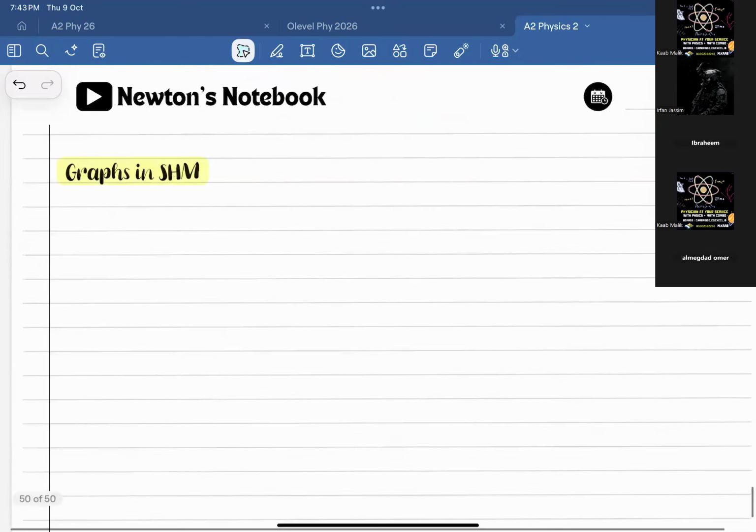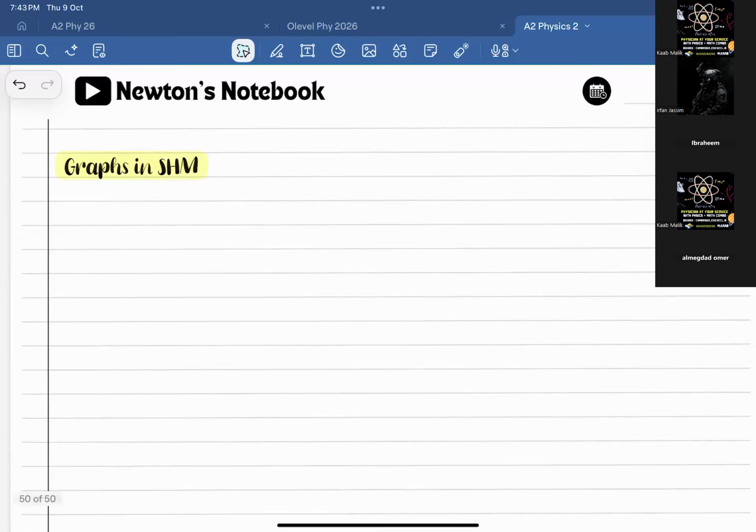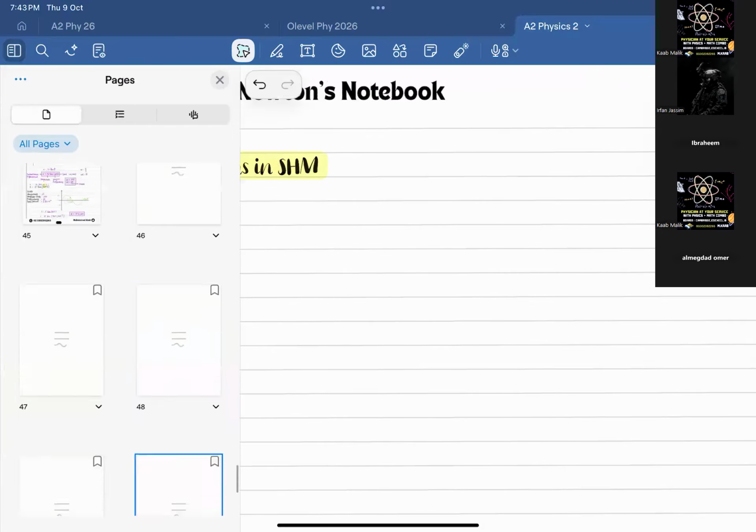To understand the graph, we have to copy the previous thing out.